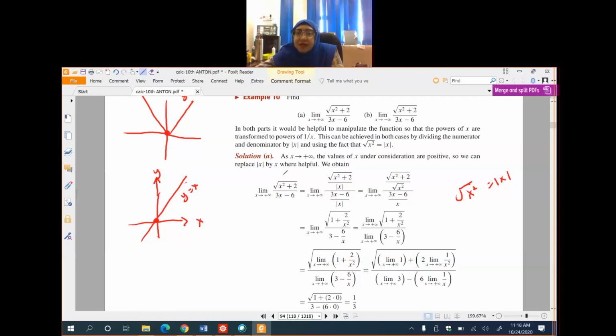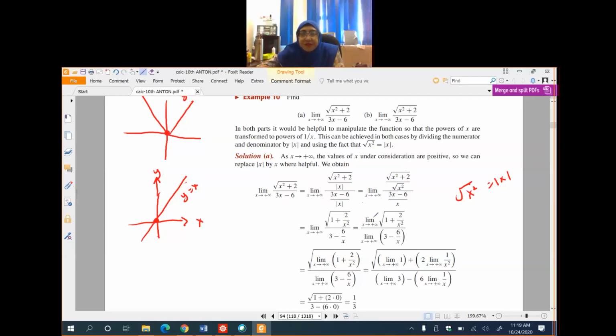But because this involves a radical, you have to divide with the absolute value of x, both the numerator and denominator. For the numerator, you have to change the absolute value of x so that it is in terms of the square root of x squared, because you want to combine and cancel out.